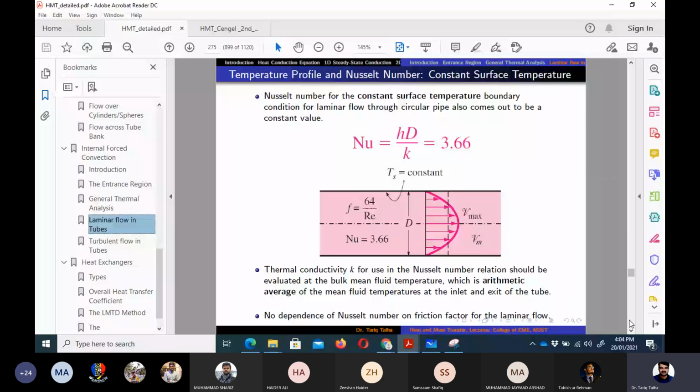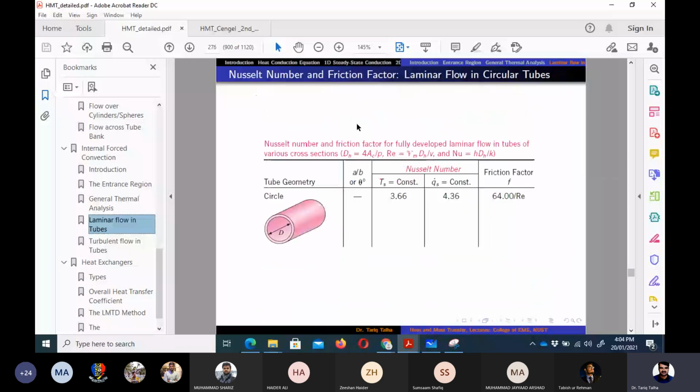And here we have written 3.66 and 4.36 for the constant heat flux boundary condition, and then the friction factor is 64 divided by Reynolds number, which we discussed in yesterday's class.